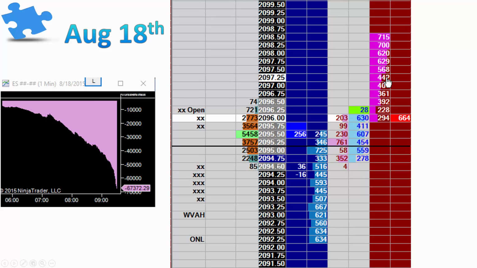Now, there's no reason to say you have to do it that way. So you could have rested an order at 94.75 right from the open. And on trades like this, your chances of being filled, if you put a limit order right at the extreme, you're simply not going to get filled. So typically, you need to be a tick in front if you're going to use a limit order.